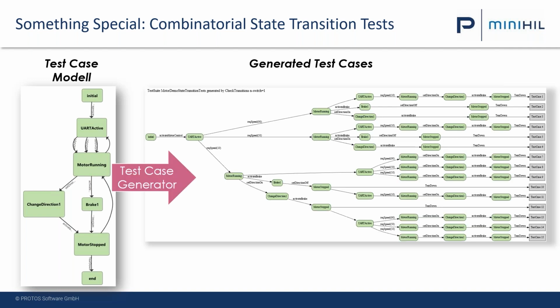And from there, we generate not only this diagram, but also for every path here, we generate the test case. So in this case, from the diagram on the left side, we generate all the 15 test cases necessary to cover this diagram, to really cover the test cases I need to test the expected system behavior here.